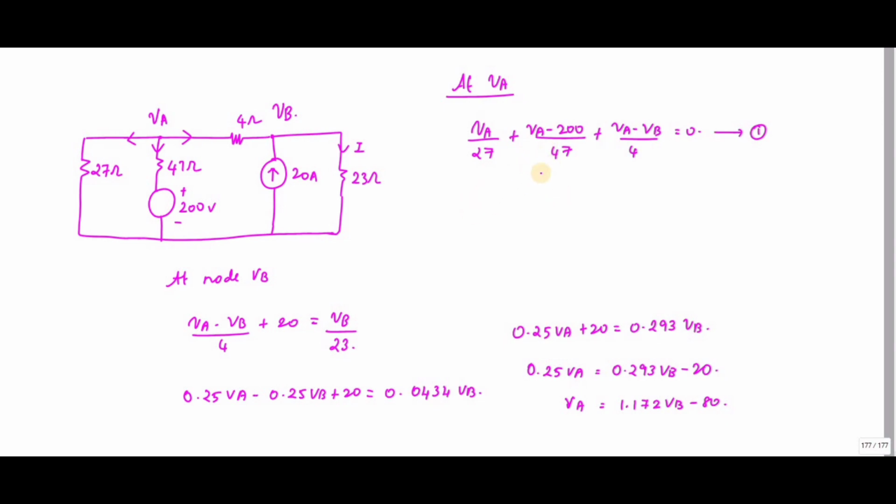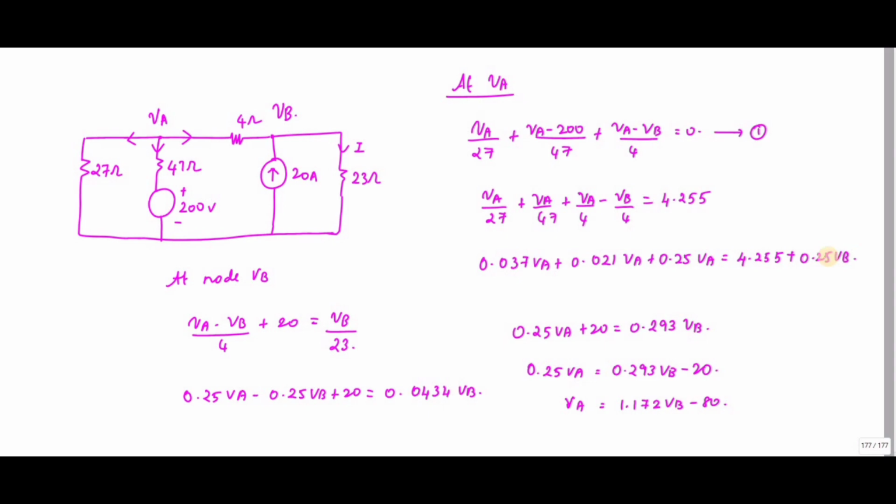Here I can write the first equation: VA by 27 plus VA by 47 plus VA by 4 minus VB by 4 minus 200 divided by 47, that is 4.25. 1 divided by 27 is 0.037 VA, plus 1 divided by 47 is 0.021 VA, plus 0.25 VA, is equal to 4.255 plus 0.25 VB.